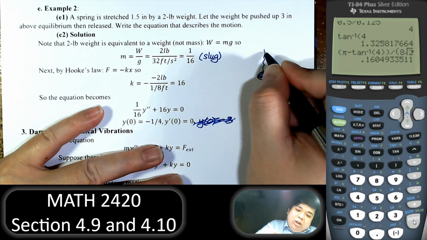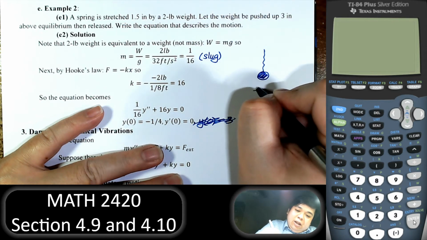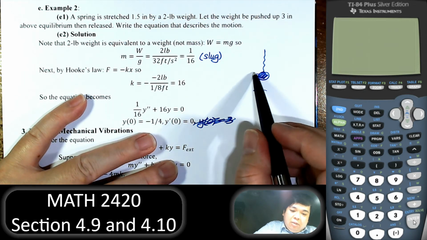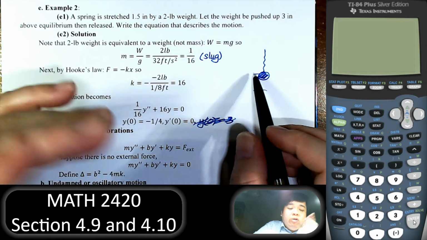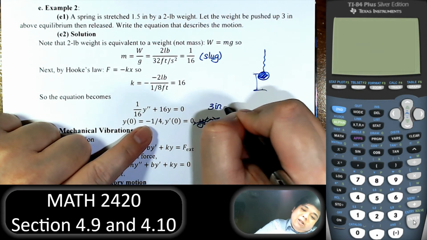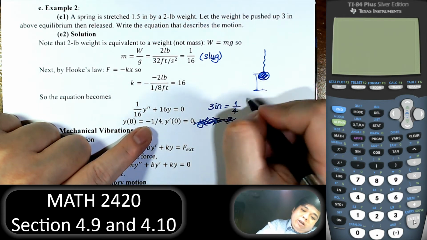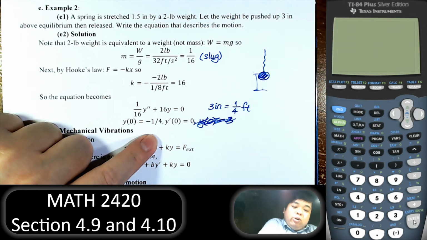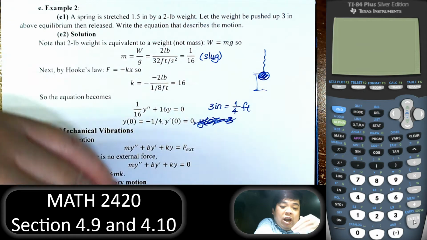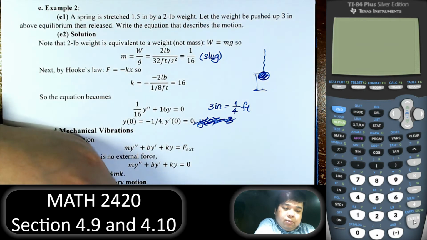Let's say originally it is here, so we can define up as positive 1/4, because 3 inches is equal to 1/4 foot. So the unit here is feet and inches, so we have to write everything in terms of feet.